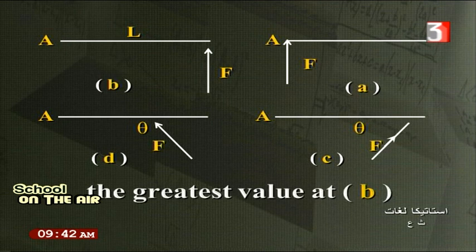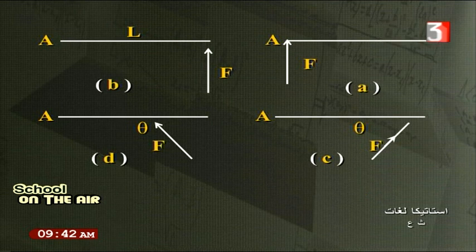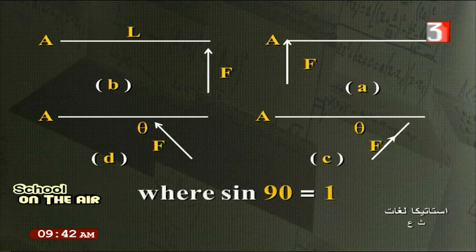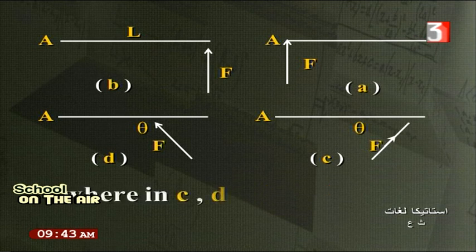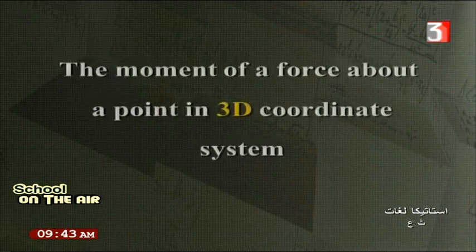Because for theta smaller than 90, the value is smaller than 1. We know sine 90 equals 1 in figure B, whereas in C and D sine theta is smaller than 1.